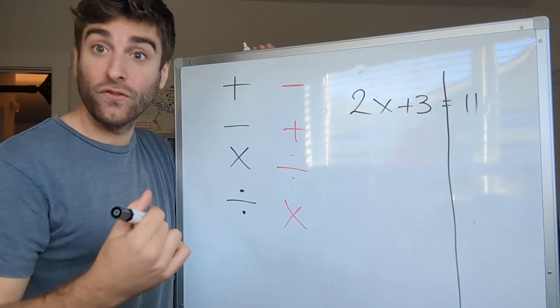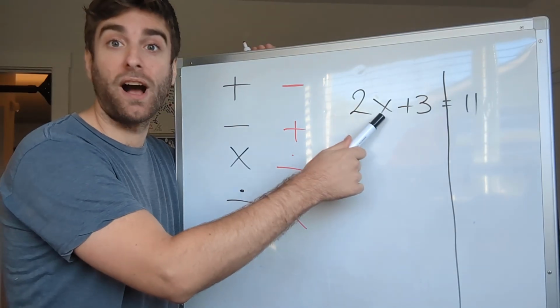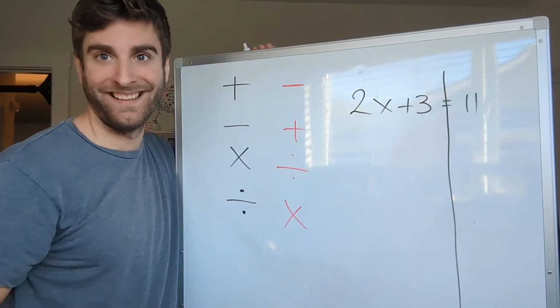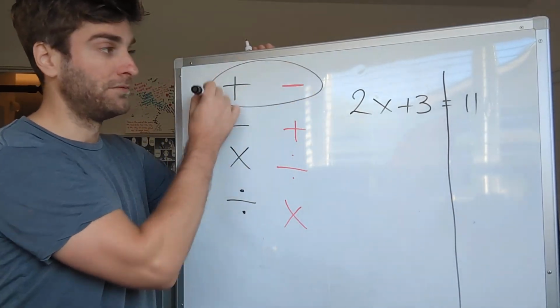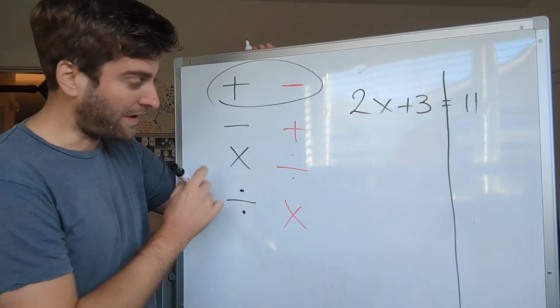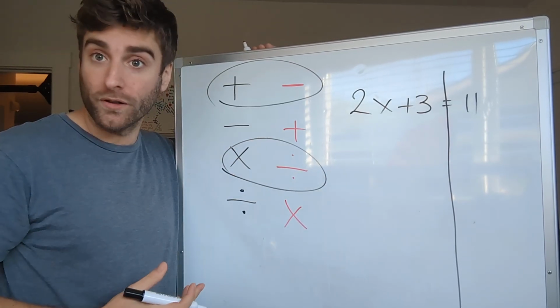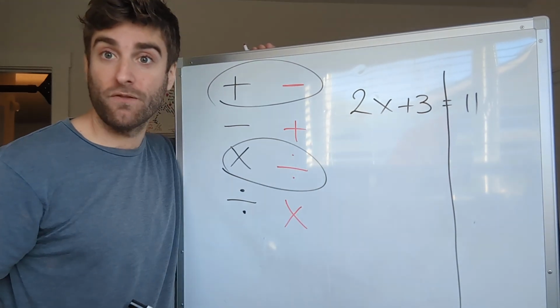The two operations I have here are multiplication, 2 times x, and addition, plus 3. I know I'm going to use their opposites, so I'm going to be using subtraction and division. But what order should I do that? Should I undo my multiplication first?